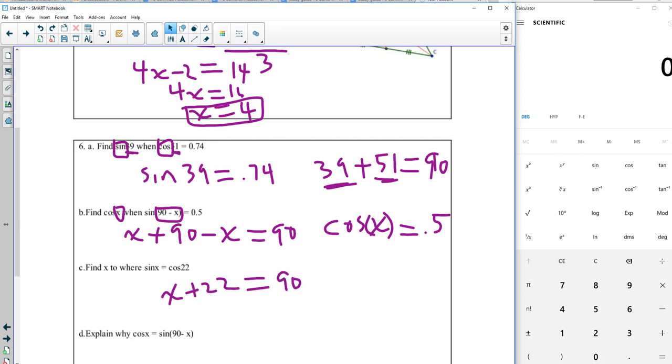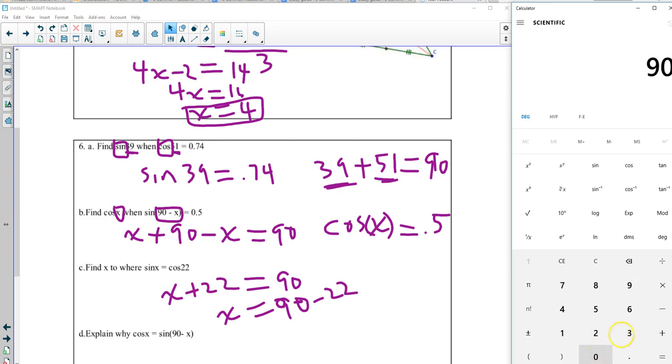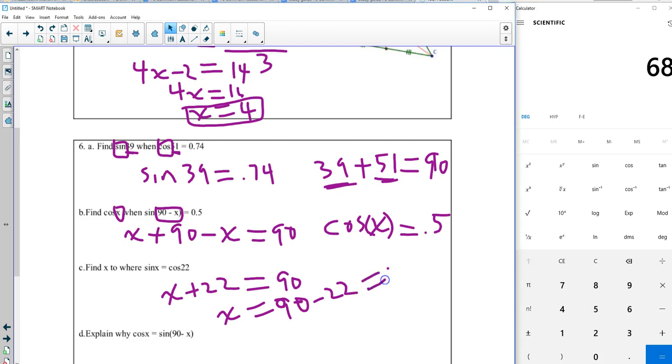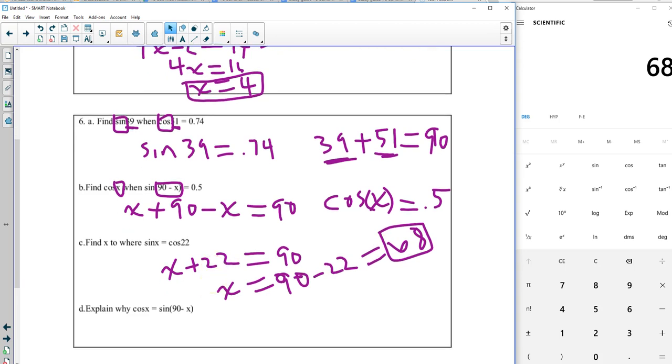So x is equal to 90 minus 22, and 90 minus 22 equals 68. So x is equal to 68 because 68 and 22 are complementary. Therefore, they have to have the same value for sines and cosines.